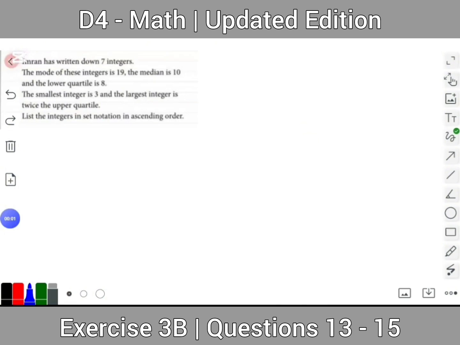Now in question 14, Imran has written down 7 integers. The mode of these integers is 19, the median is 10 and the lower quartile is 8. The smallest integer is 3 and the largest integer is twice the upper quartile. List the integers in set notation in ascending order. So first we will write down.